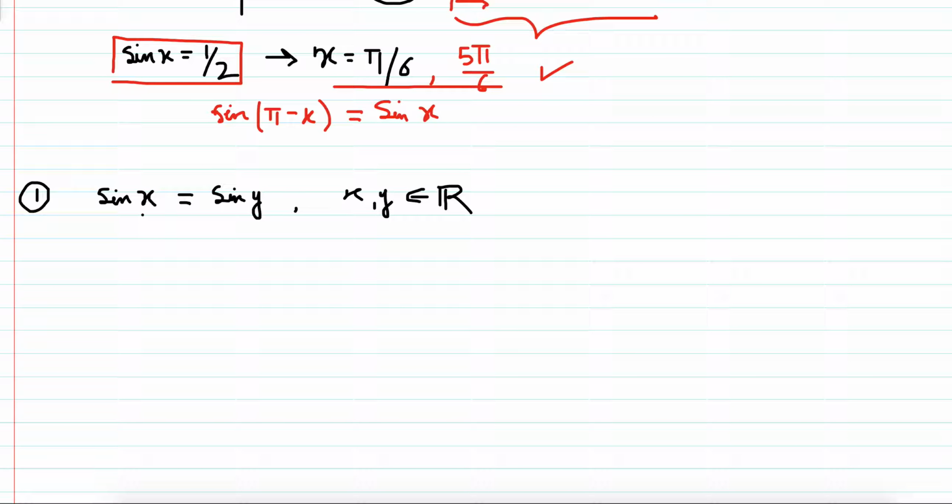So if sin x is equal to sin y, then x equals n pi plus minus 1 to the power n times y, so here n belongs to the set of integers.